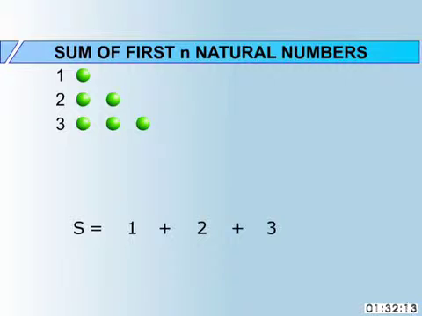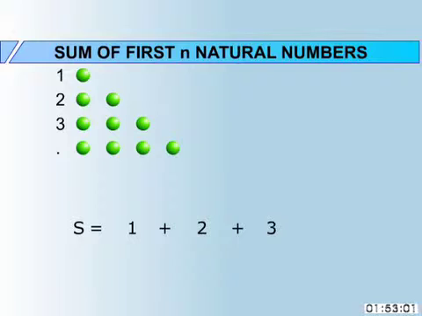If we have three natural numbers, that is 1, 2 and 3, then the sum of natural numbers 1, 2 and 3 is s is equal to 1 plus 2 plus 3.